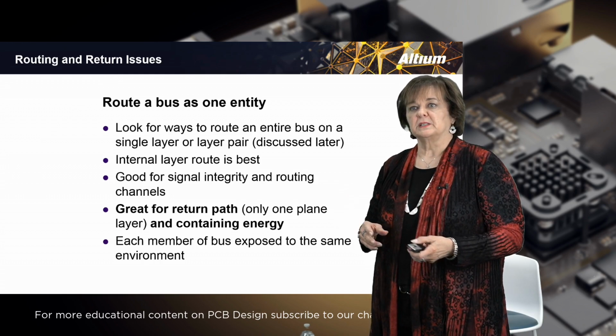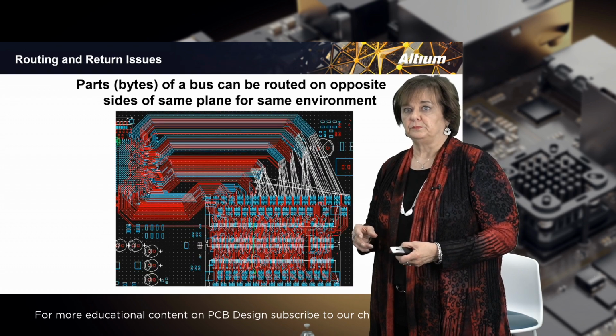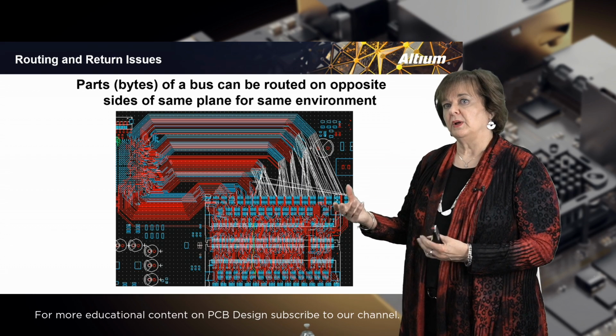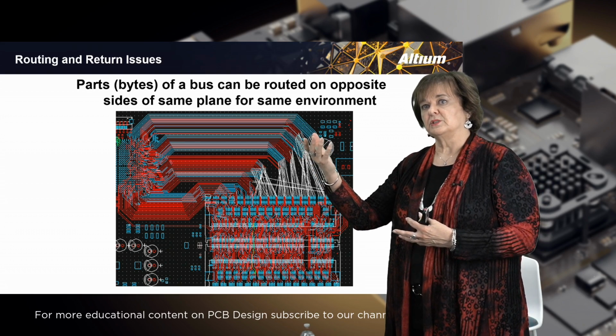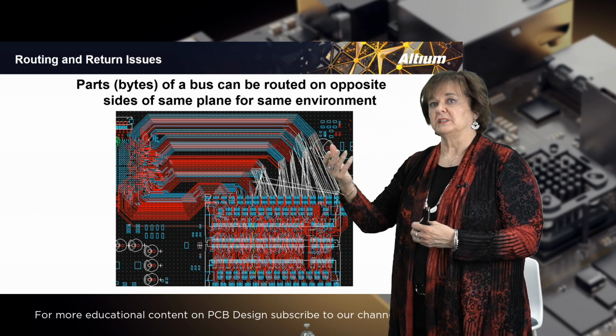Each member of the bus is exposed to the same environment. So what I'm talking about here is if you have a large bus with many byte lanes, you can do some of those byte lanes on one layer, let's say the blue, and some on the red layer.